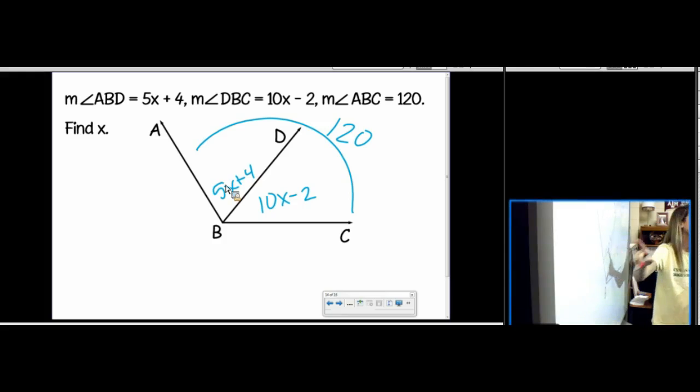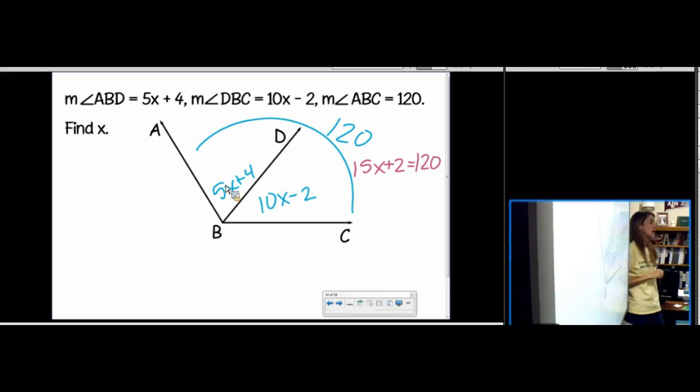Let's add them together in our head. Good. 5x plus 10x. What do you get? 15x. 4 plus negative 2. 2. 4 minus 2. Okay, so that's part plus part, and it equals the whole thing.